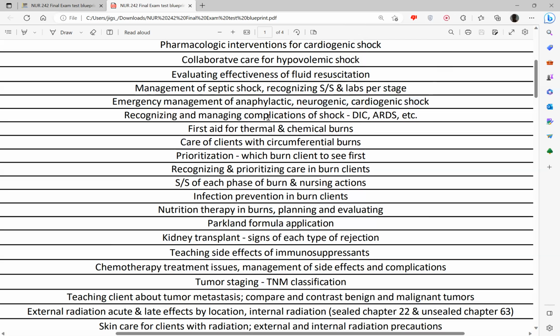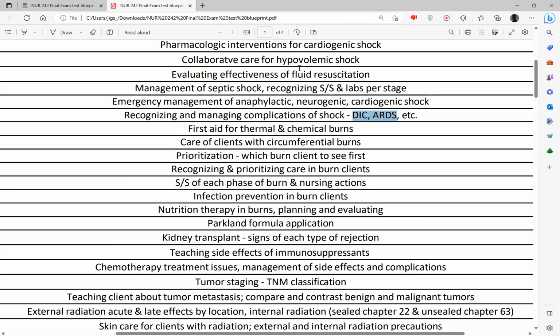All right, so let's review consequences. All of these shock patients, all four, can they develop complications? These are now DIC and ARDS. Do they come during the earlier stages? This is toward the progressive stage, and it begins around progressive.